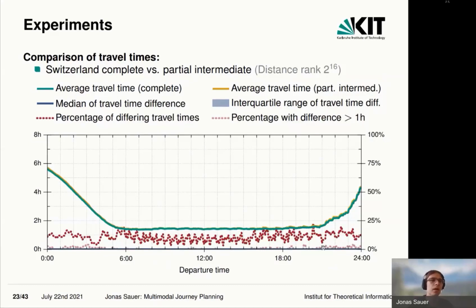That confirms our hypothesis that initial and final transfers are important and we shouldn't restrict them, and long intermediate transfers aren't usually that necessary. So the set of intermediate transfers that we need at all to answer queries correctly is probably quite small.